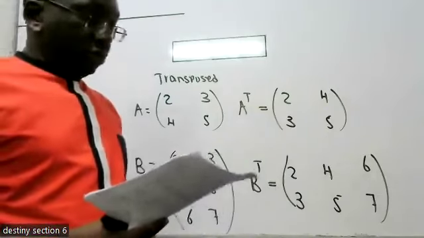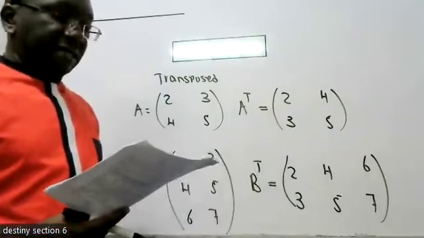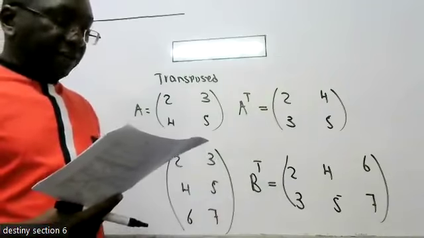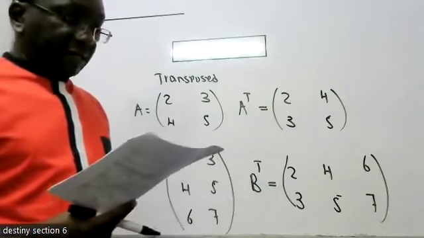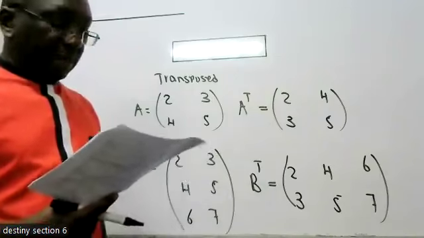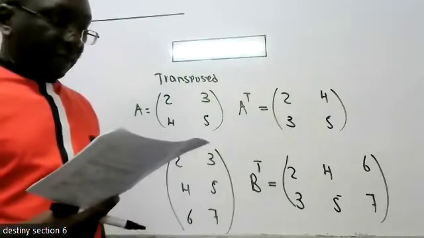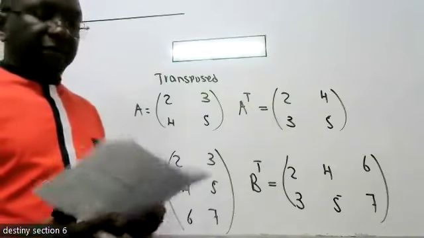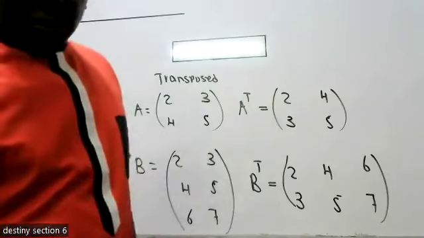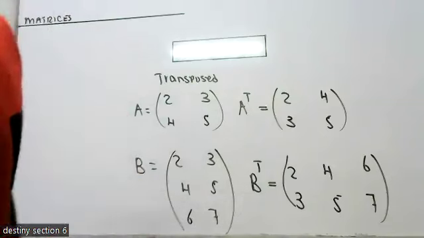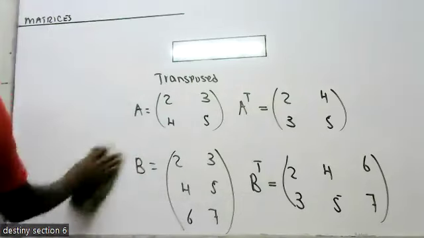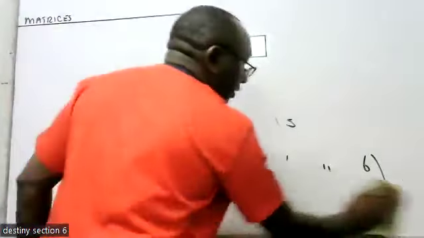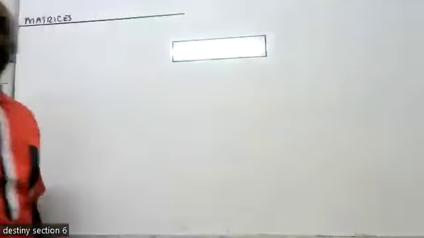Number 2, you establish whether the matrices satisfy the requirement of the operation. Number 3, you determine the order of the matrix that will be obtained after the operation. Number 4, you undertake the operation. And number 5, you interpret the elements of the matrix obtained if need be. So those are the steps that we take anytime we are operating matrices.